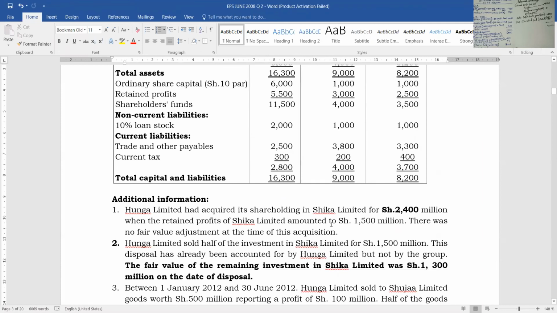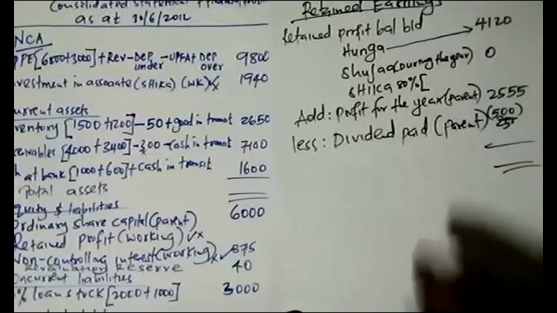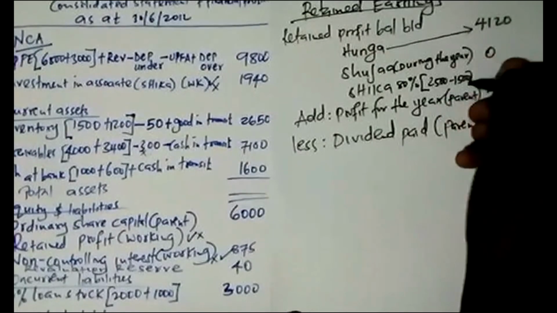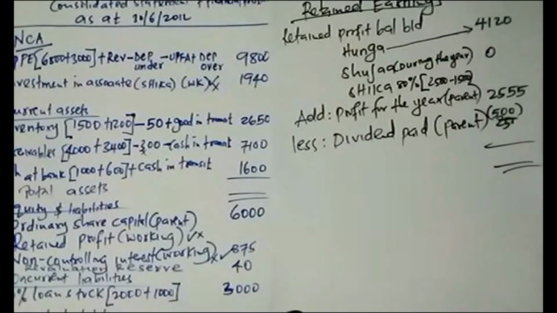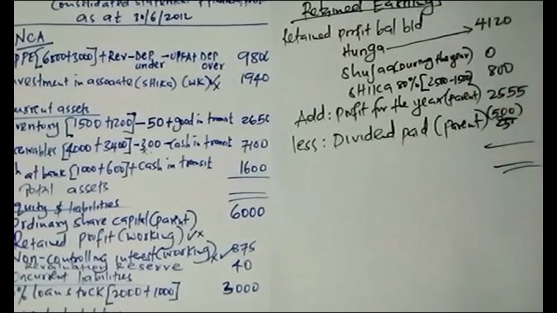Retained profit of Shika amounted to 1,500, and that 1,500 is included in the 2,500. So you have to take 2,500 minus the 1,500 to get the correct retained profit brought forward for the current year. So that is 2,500 minus 1,500, that is 1,000, times 80%, this is 800.